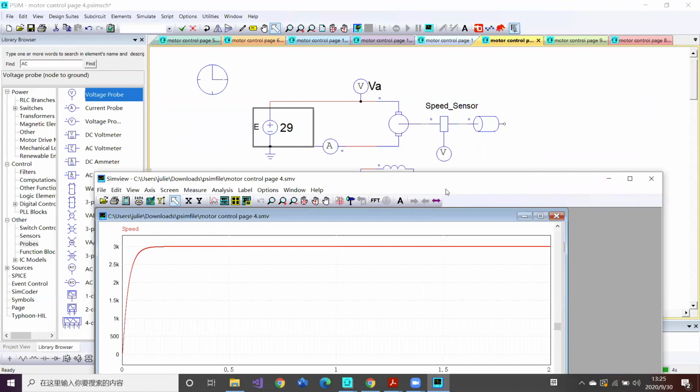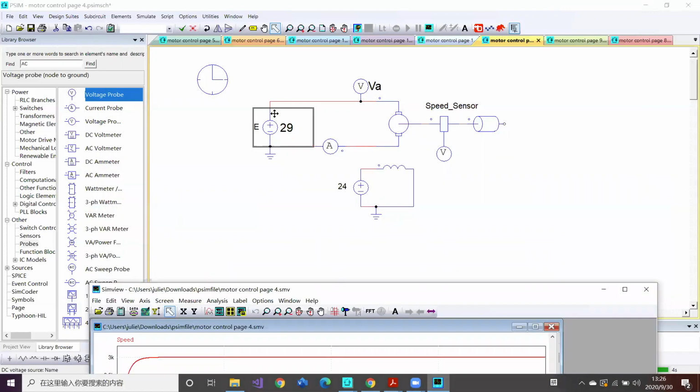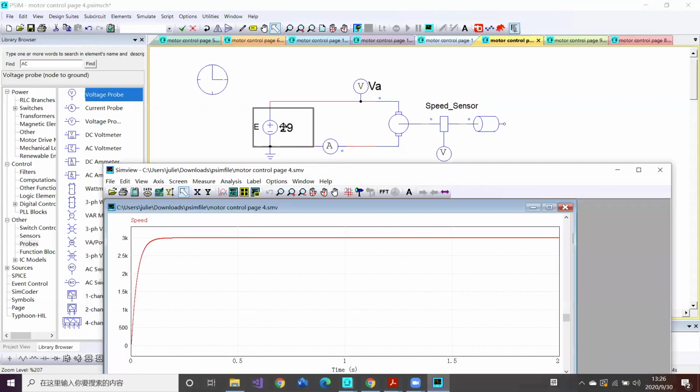All right, did anyone find the voltage value for the speed of 1500 rpm? For 29 volts, I got almost 3000.